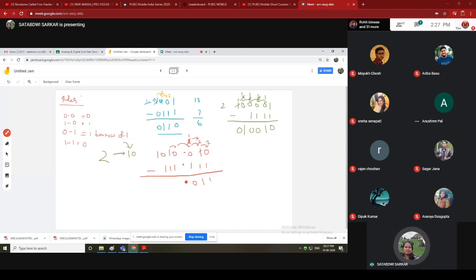The point is no problem. So now 0, actually its value is now 1. So 1 minus 1 is again 0. And here the value is 0 at present.